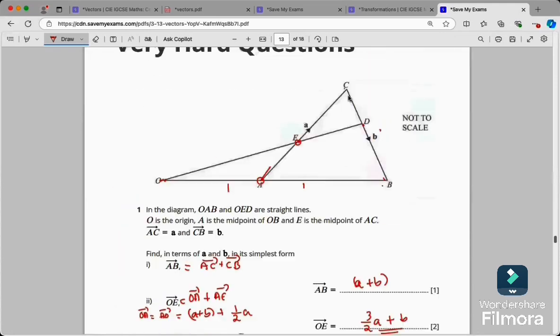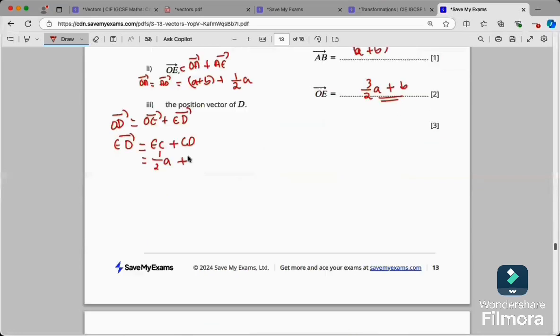See, CD is on the line CB, but we don't know the ratio of it, right? So we simply take it as X times B, because CD is on the line CB. I just take it as X times B because I don't know what ratio CD is on the line CB. So ED is this. Take it as equation number 1.